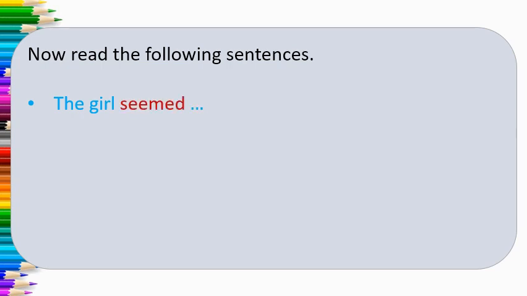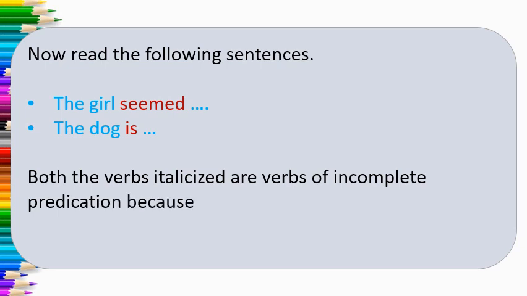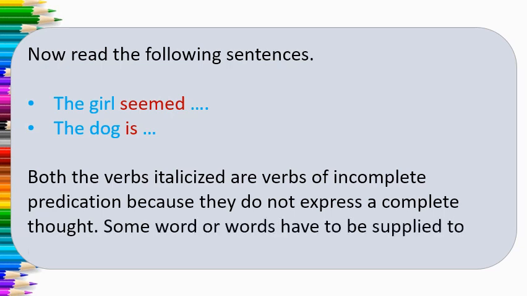Now read the following sentences. Number 1, the girl seemed. Number 2, the dog is. Both the italicized verbs are verbs of incomplete predication because they don't express a complete thought. Some word or words have to be supplied to complete their sense. Now look at these sentences.